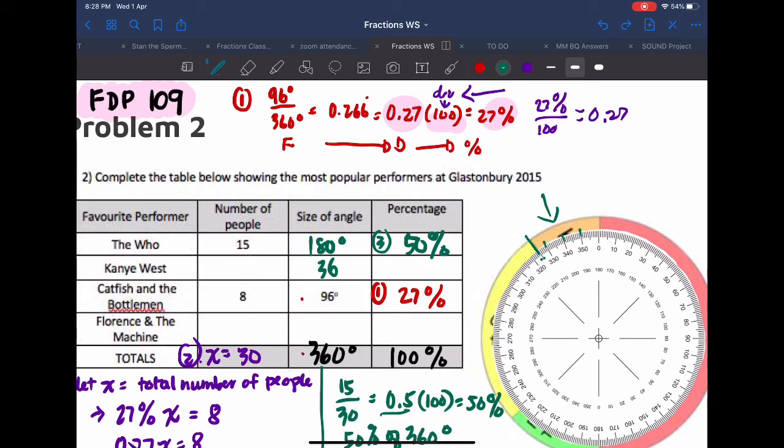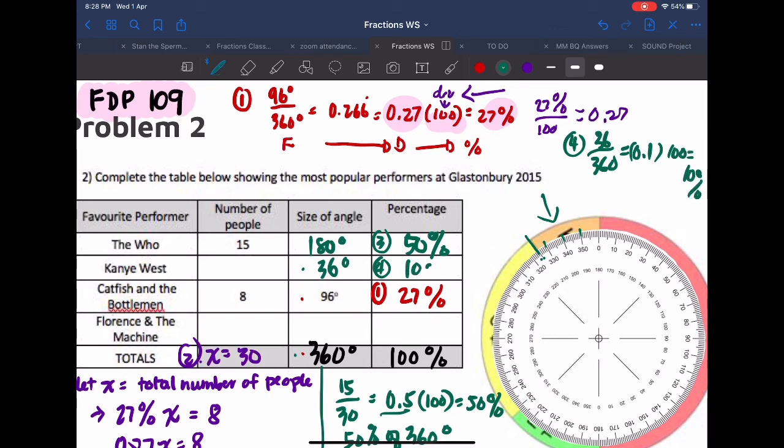Can you solve for the percentage now? Of course. Let's make this step 4. Of course we can, because you have 36 divided by 360.